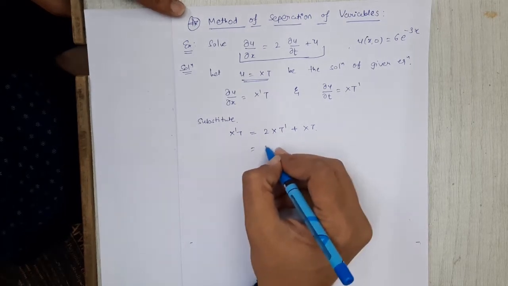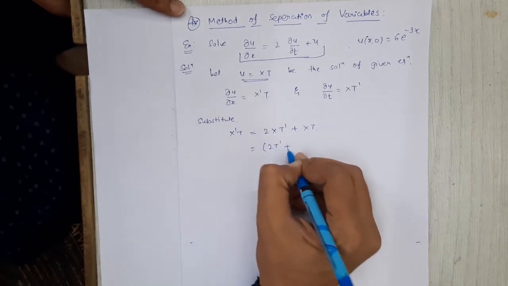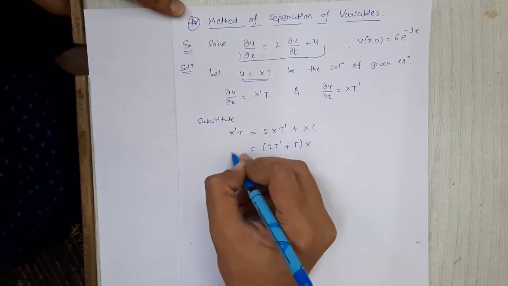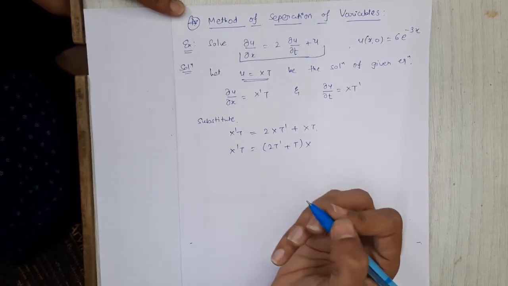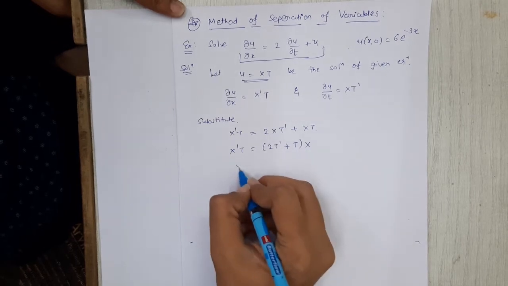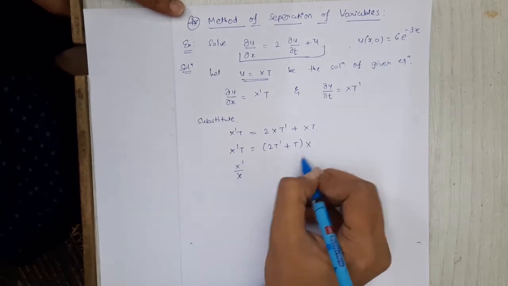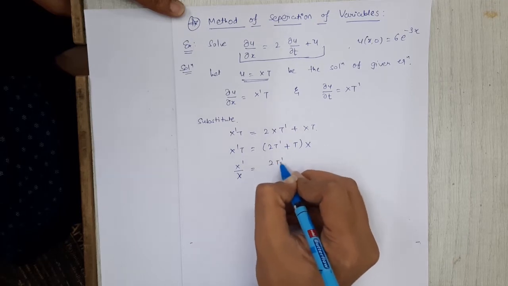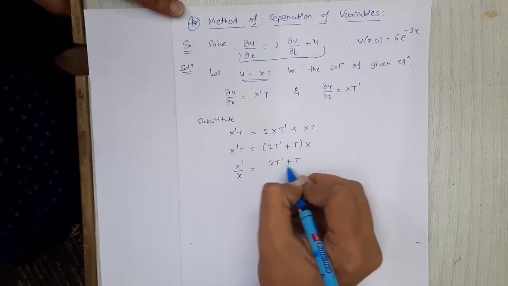Let us take T common from this side, and this is X' T. Alright, now let me write X' upon X is equal to (2T' plus T) upon T.